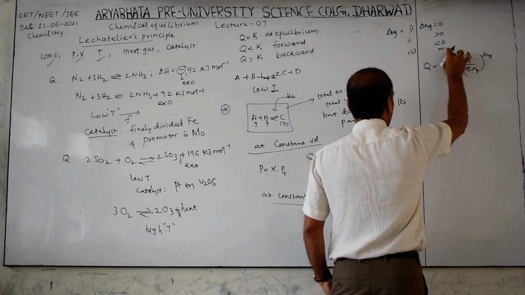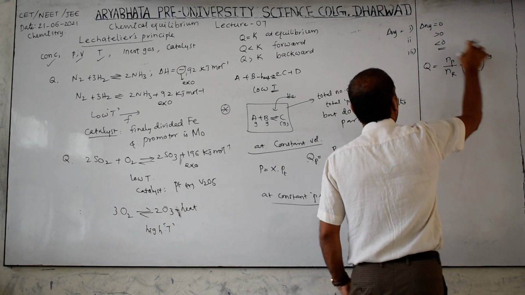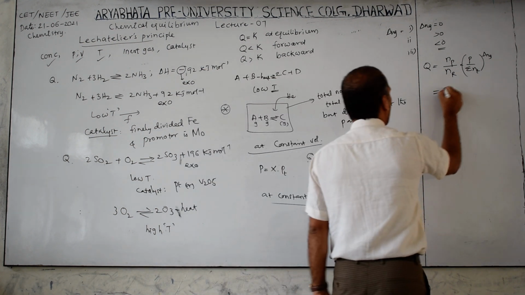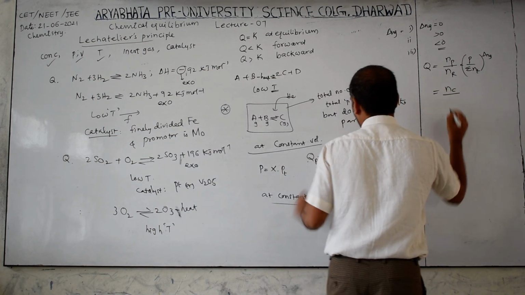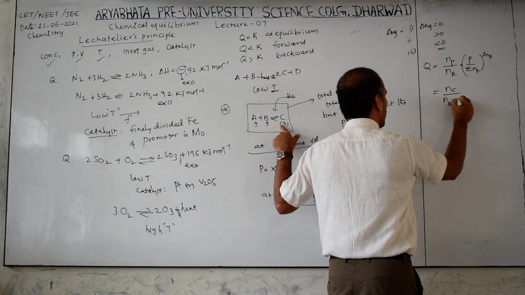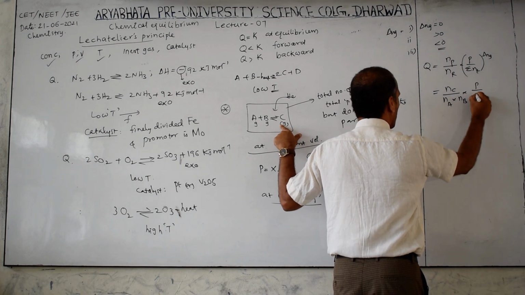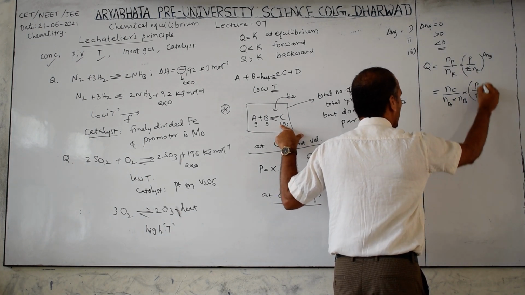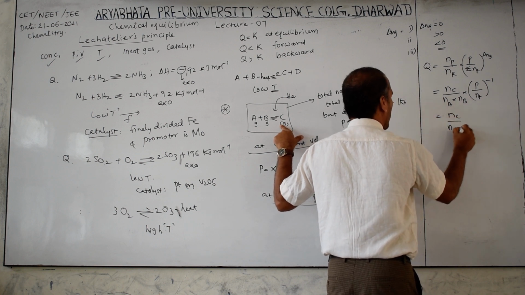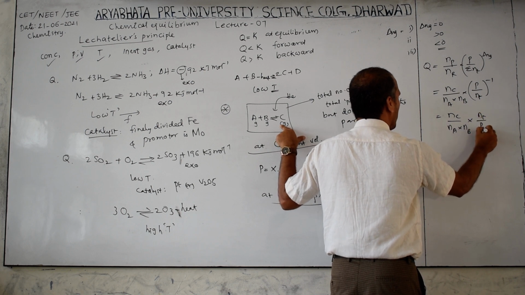Here the stoichiometric quotient will be the power. Now here delta Ng for this reaction is minus 1. Therefore NC by, this is product, NA into NB, then P by N total, whole power minus 1. Then NC by NA into NB reversed, therefore N total by P equilibrium.